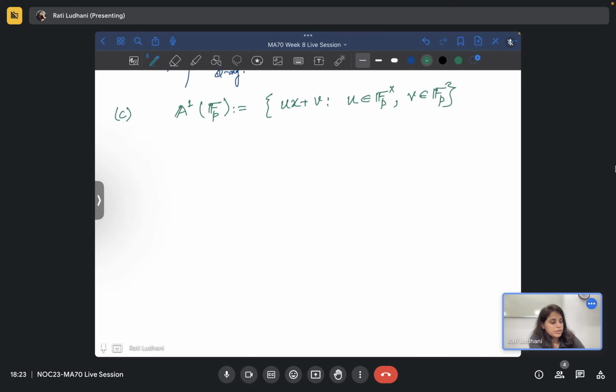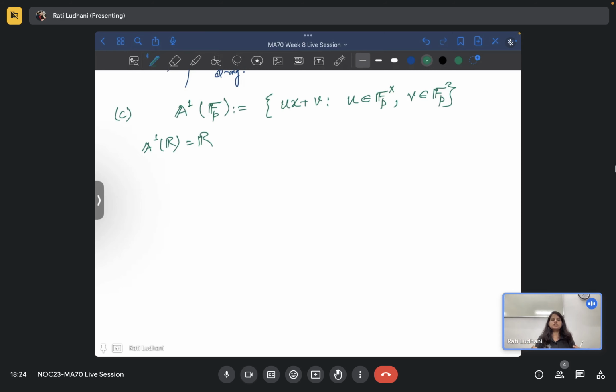Now, so x is some variable. The affine line of Fp is just a finite field. So A1 of R is basically just your real line. If you know some geometry, when we say affine, there is no special element like 0.